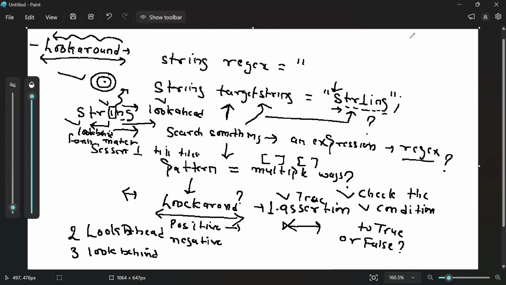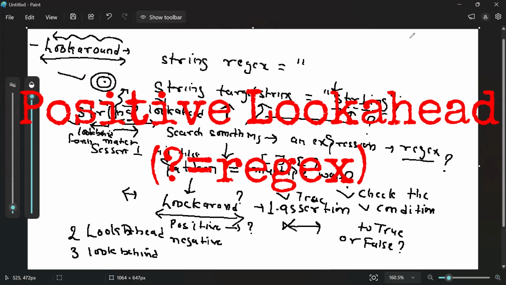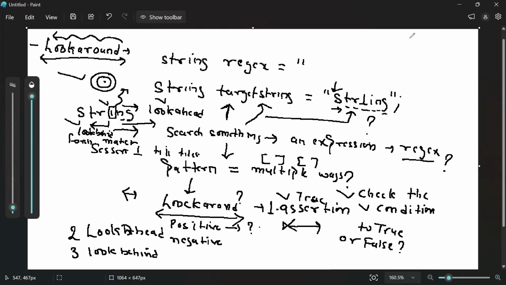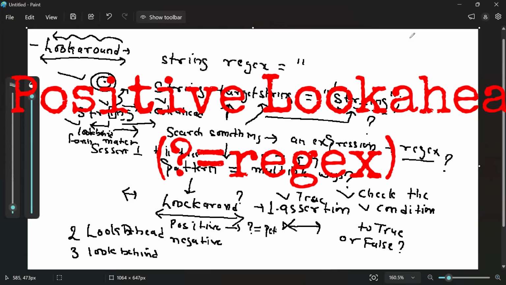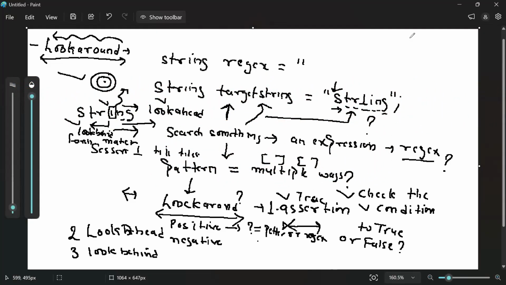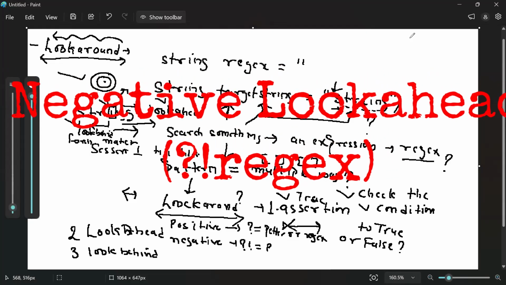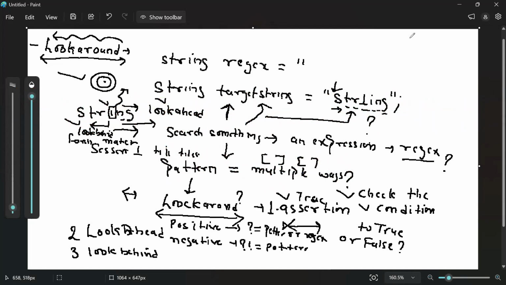Positive we depict using a question mark and equals to, followed by a pattern or regex. And negative also we have, followed by a pattern or regex. These are the two types of look aheads.